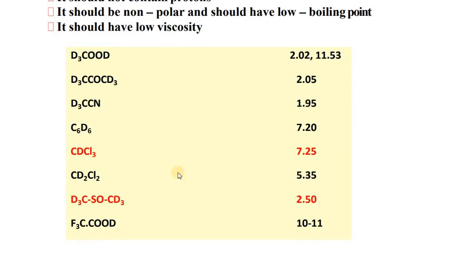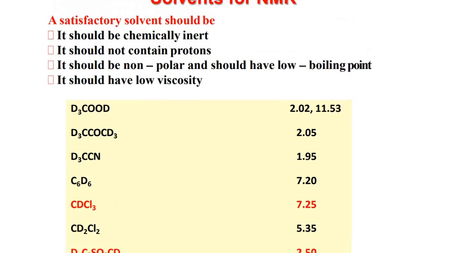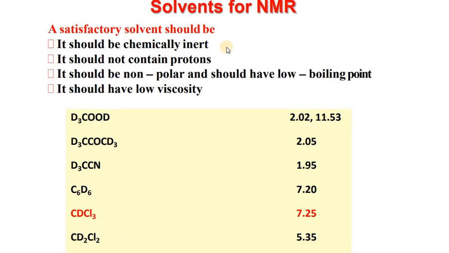And so we use such solvents in which hydrogens are not present, and they are chemically inert, do not contain protons, are non-polar, and have low boiling points and low viscosity.